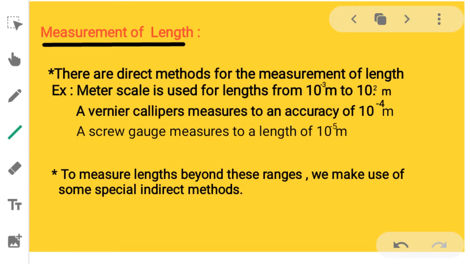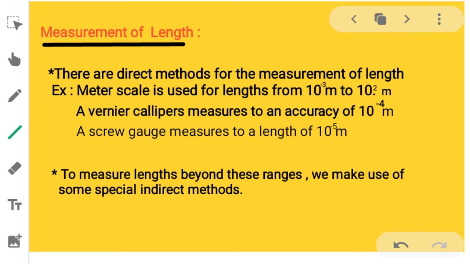Measurement of length. There are direct methods for the measurement of length. For example, the meter scale is used for lengths ranging from 10 raised to minus 3 meter to 10 raised to 2 meter, that is 100 centimeter.